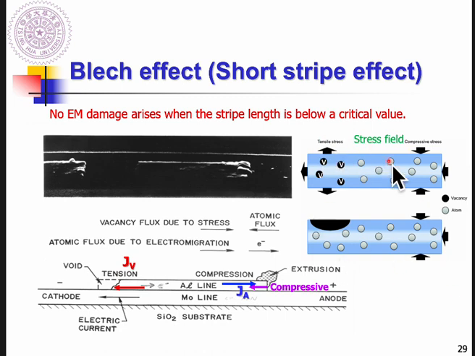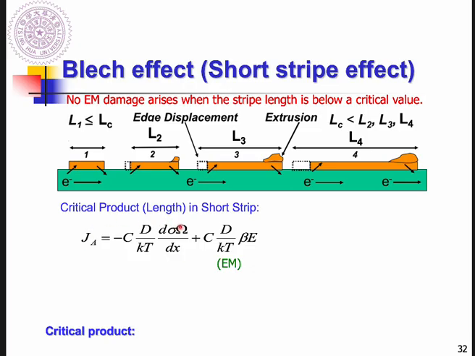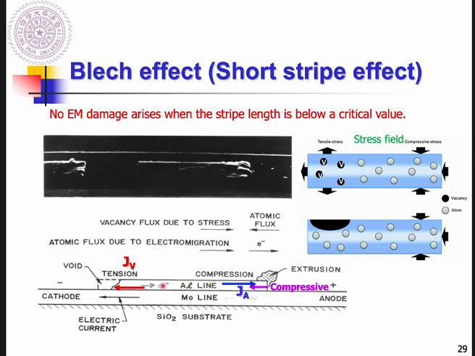As you push the atoms to the right-handed side, that induces the stress field. So the stress field will counterbalance this atomic flux. So we also write down the stress field induced flux to counterbalance, to resist the EM effect. Because you can imagine that at the beginning, when the current pushes atoms to the right, with even slight movement, the right side gradually gets compressive, right? And the left side gets tension. So this is another force generated at the same time as the atoms move to the right.